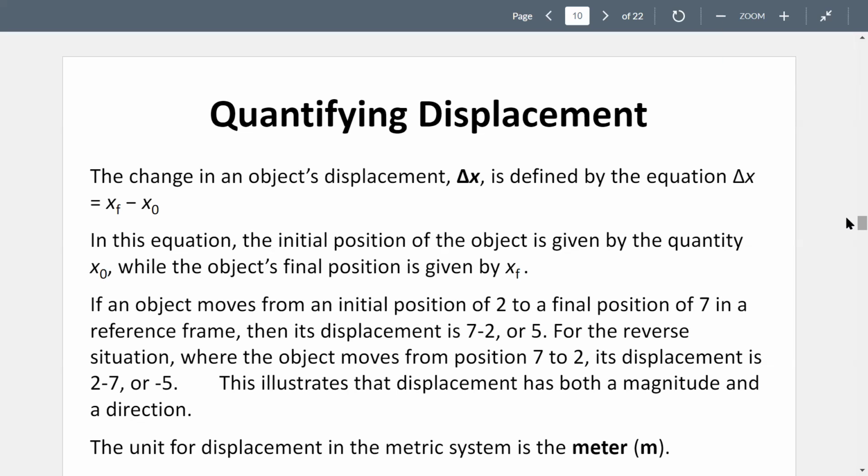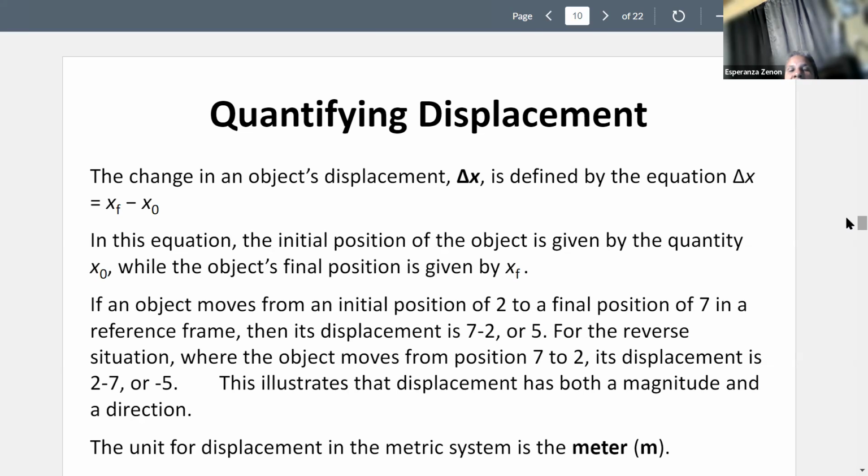Yes. Okay. So now let's see how we can use that formula. It says if an object moves from an initial position of 2 to a final position of 7. So imagine you have a number line, and that object is moving from 2 on your number line to 7 on your number line.